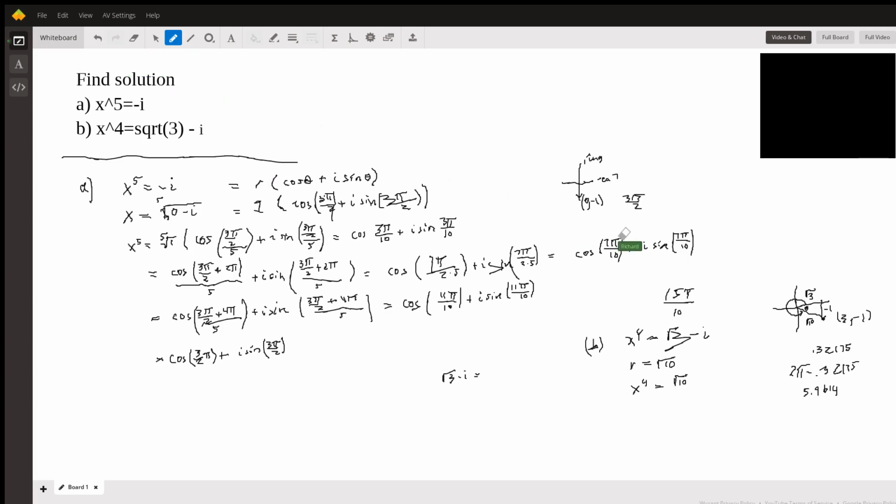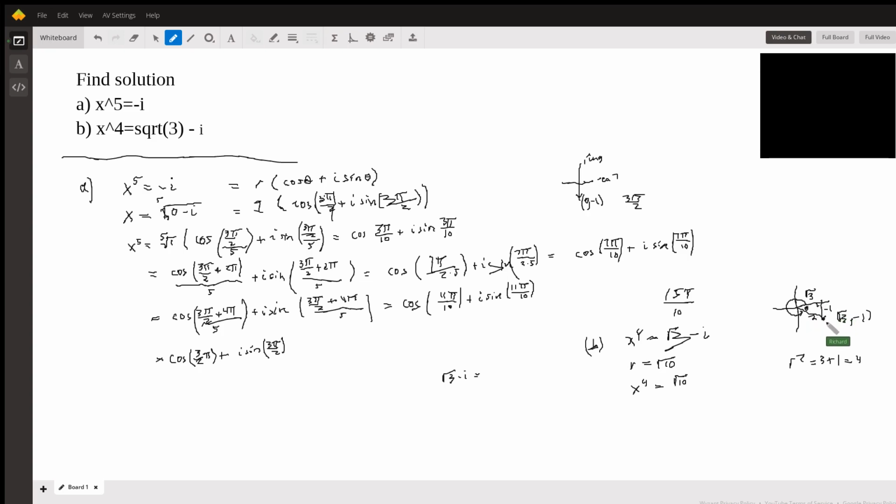Excuse me. I didn't think that looked very good. Square root of 3. So that is a reference angle. Let's find R again. So R squared is going to be 3 plus 1, which is 4. So R is 2. And you should recognize this as a 30, 60, 90.